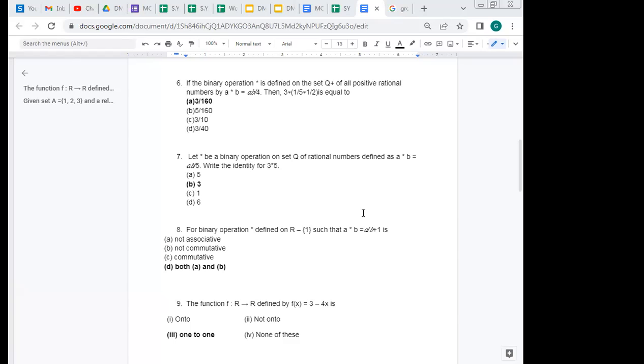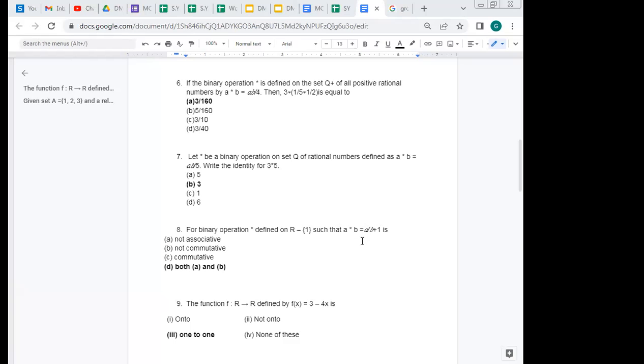Here for A by B, the operation is division. A is divided by B. And the division operation is not commutative and not associative also.